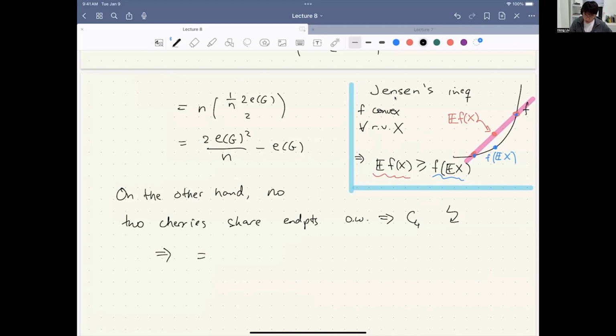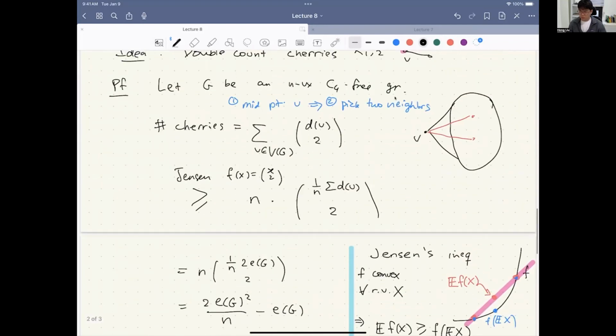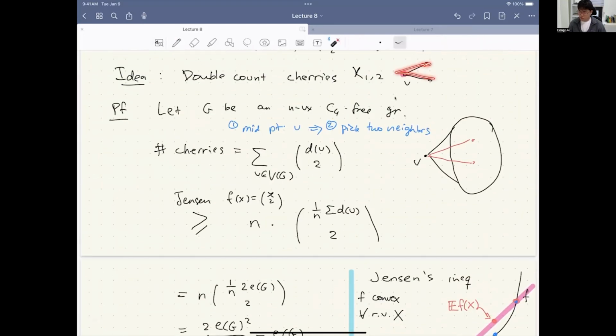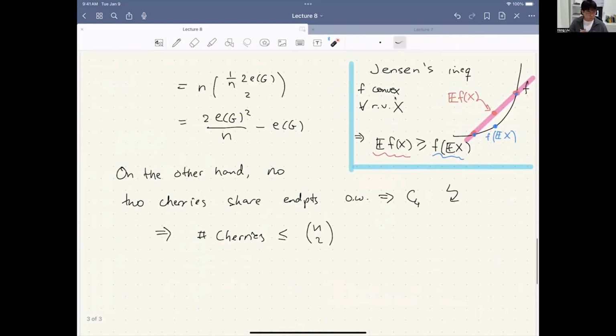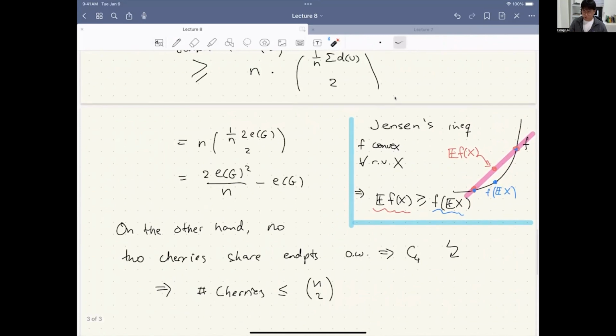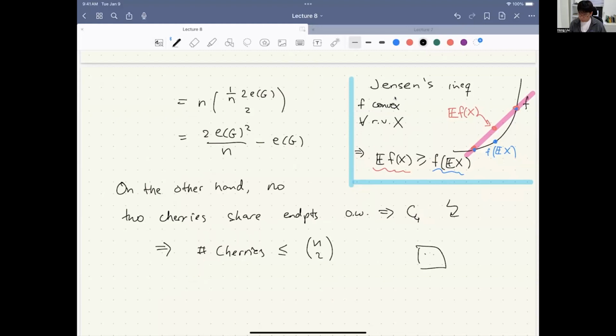So that means the number of cherries is at most n choose 2, because the number of cherries is at most the number of endpoint pairs, which cannot be shared. We have a lower bound here and an upper bound here; compare, and you get the answer. I will not do the calculation. Any questions?